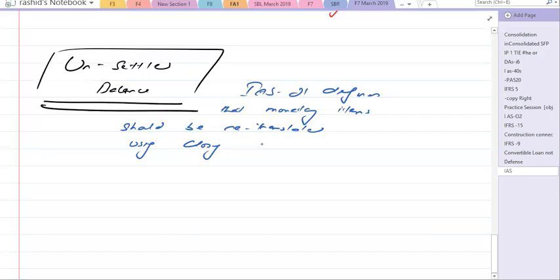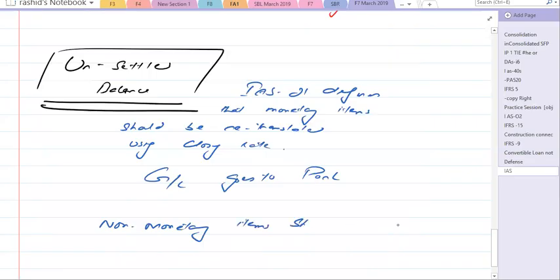Using the closing rate, gain or loss goes to profit or loss. And non-monetary items such as inventory and non-current assets should not be retranslated. So you are not going to retranslate that.